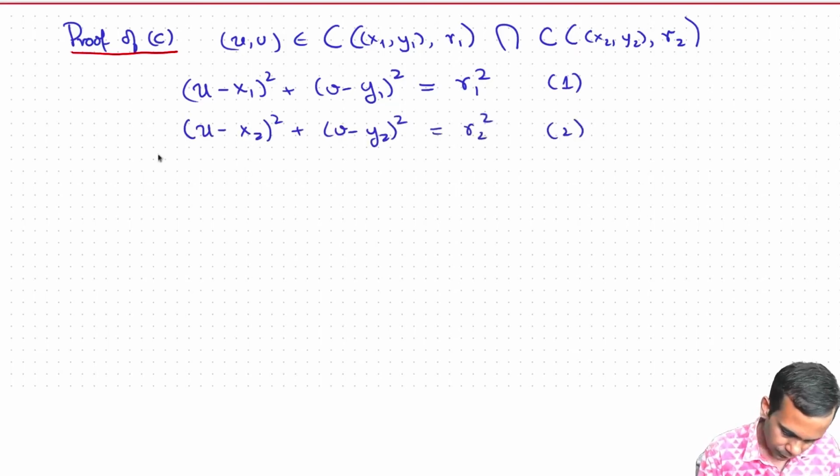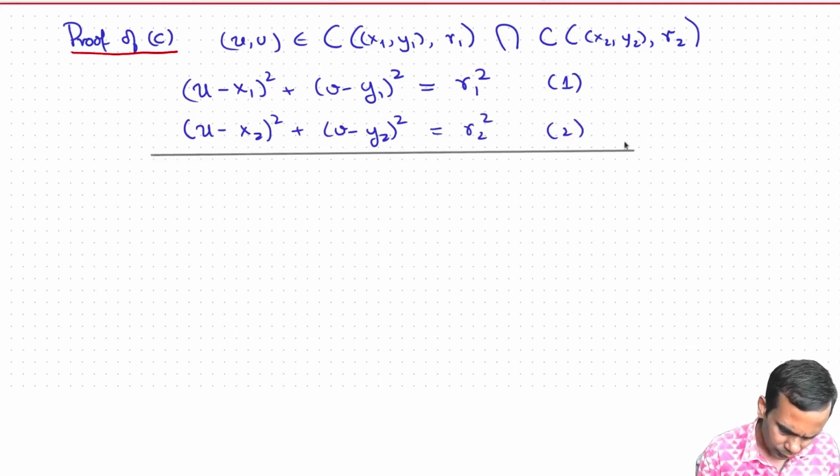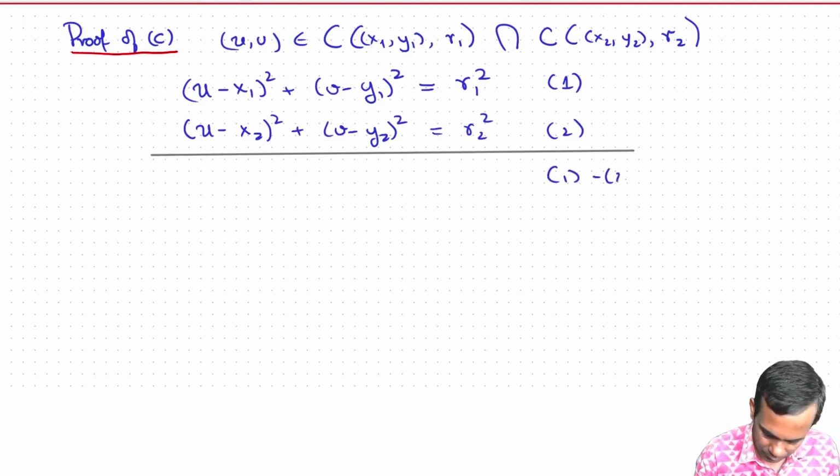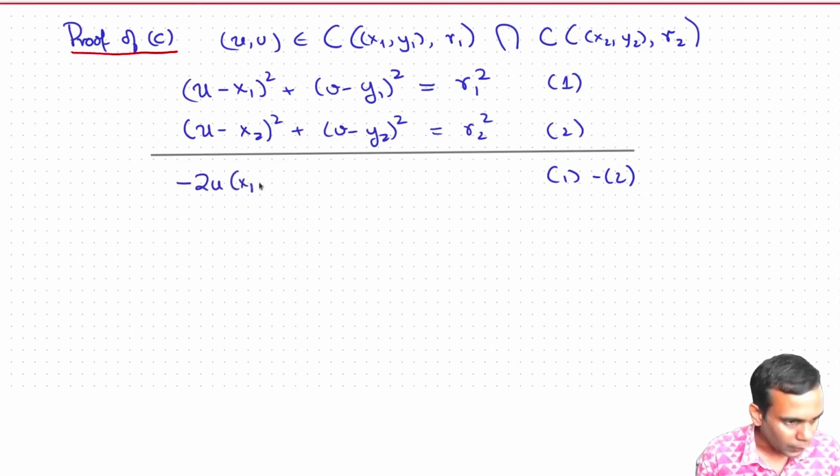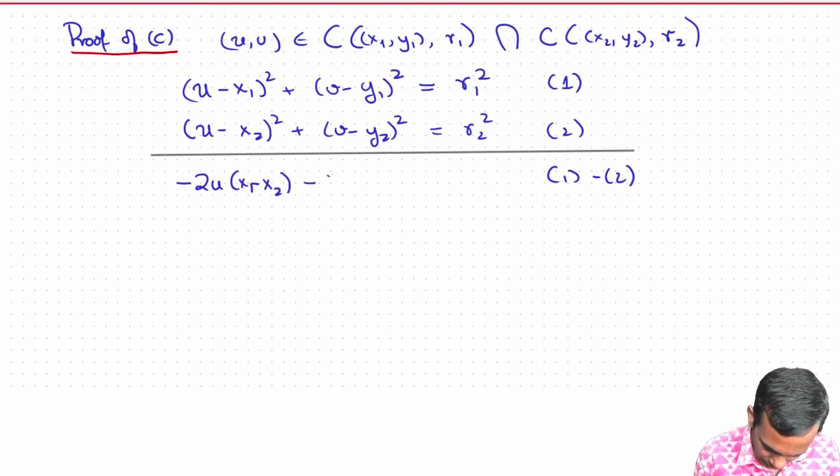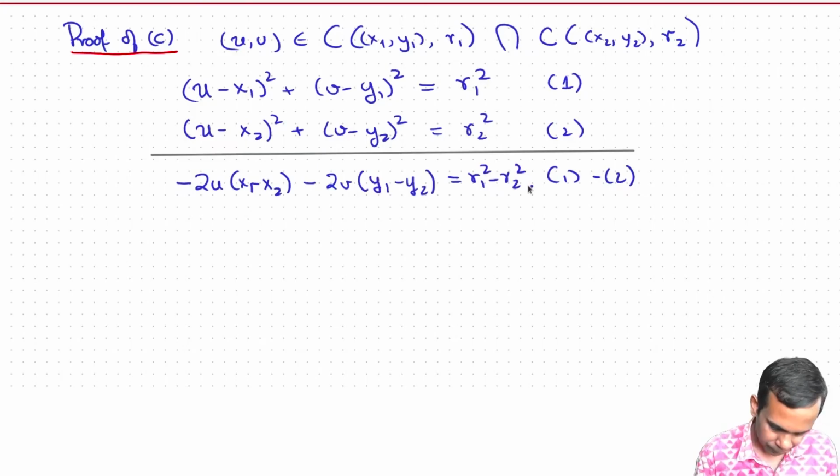This is equation 2. So now let's just subtract these equations. If we take equation 1 minus equation 2, then these quadratic terms will cancel out and we'll get a linear equation involving u and v. So what we get is minus 2u(x1 minus x2) minus 2v(y1 minus y2) is equal to r1 squared minus r2 squared.